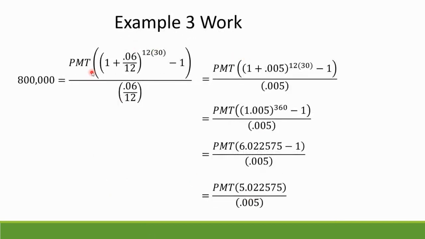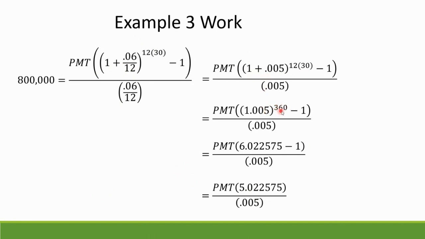You want to work with the innermost parentheses first, which is the 1 plus 0.06 over 12. You do the quotient, which is 0.005. Then you add that to 1, and you have 1.005.